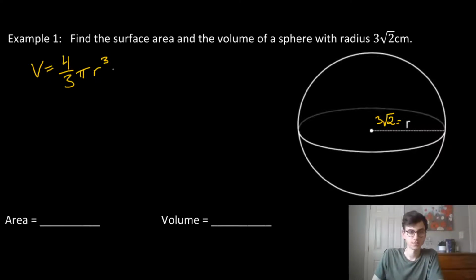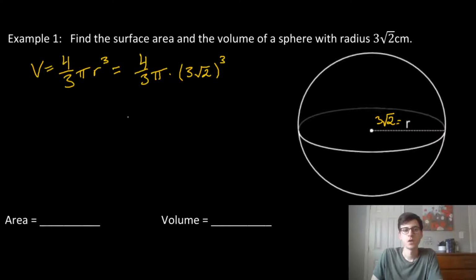Why not? 4/3 times pi times 3√2 cubed. Now remember, 3√2 cubed is 3√2 times 3√2 times 3√2. Another way to think of that is 3 cubed times the square root of 2 cubed.